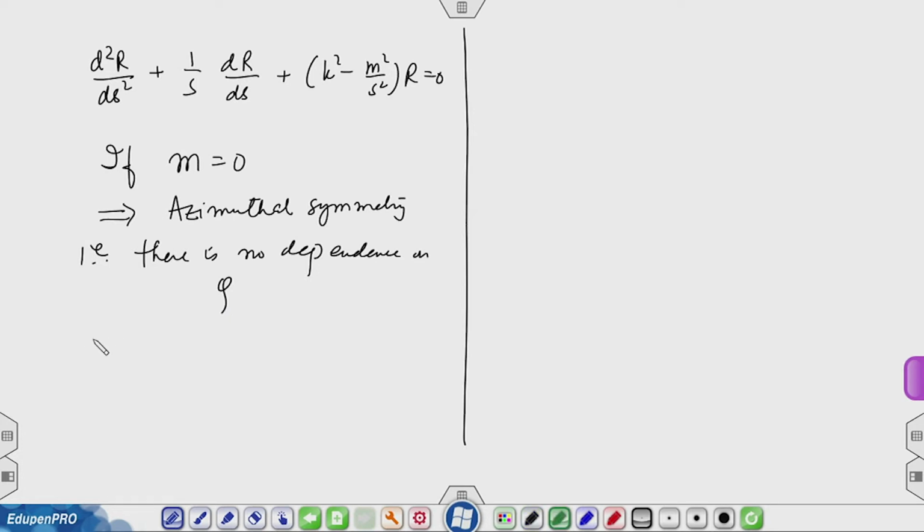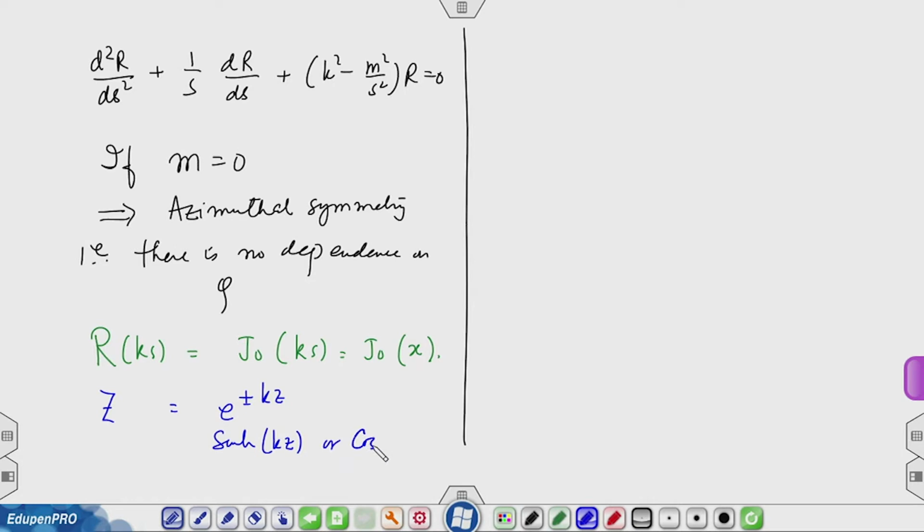In this case, the R solution will be J0(ks) or J0(x), and the z solution is e raised to plus or minus kz, or sinh(kz), or cosh(kz).